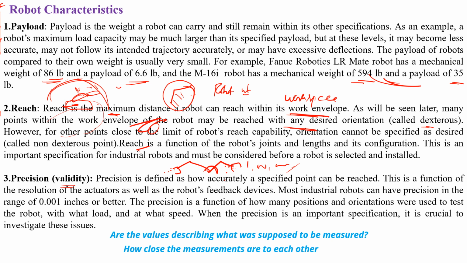While doing that, the precision has to be maintained, because every time it moves from here to here, it should reach only this point. It should not reach some other point. Every time it reaches the particular area, it has to reach the point precisely.